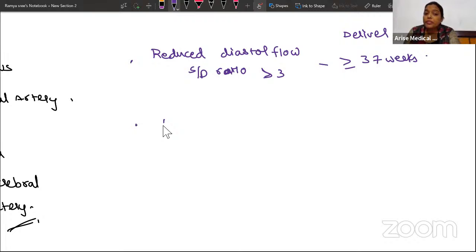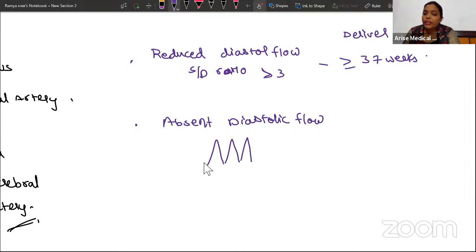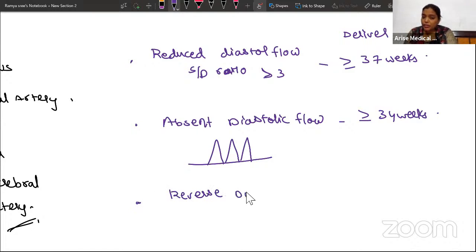If you have absent diastolic flow, that means blood is going to the fetus during systole, but blood is not going during diastole. Then we call it absent diastolic flow. And when you have absent diastolic flow, deliver them at equal to or more than 34 weeks. Third is reverse diastolic flow.